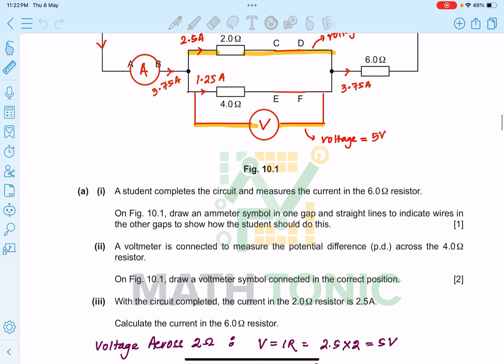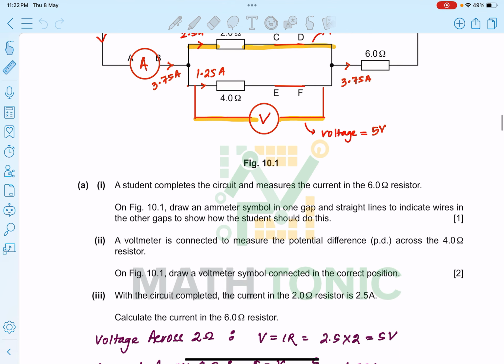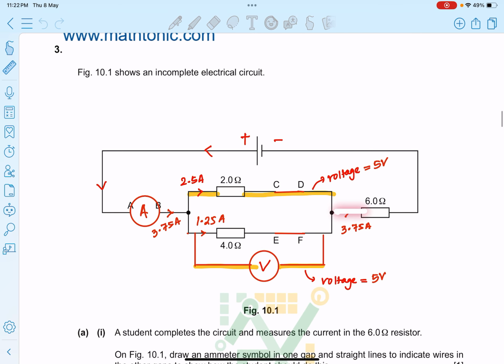Next, with the circuit completed, the current in the 2 ohm resistor is given as 2.5 ampere. The question is to find what current will be flowing in the 6 ohm resistor, basically in this wire or this wire.